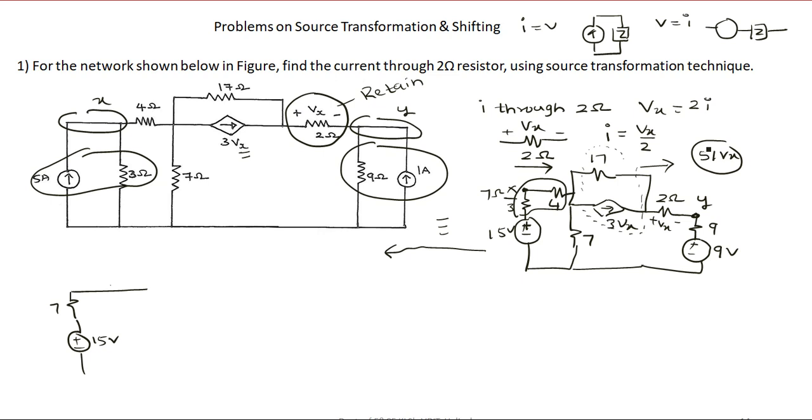So this will be the voltage source value with the polarity like this. Then this 17 ohm we can consider like this here.